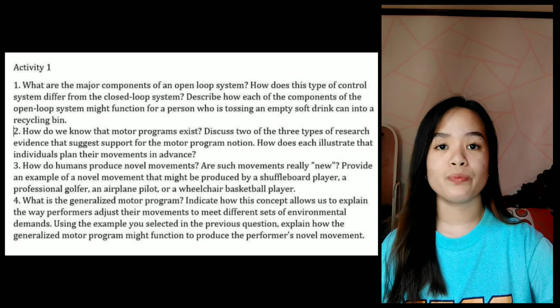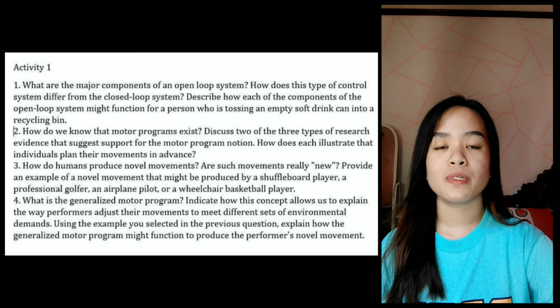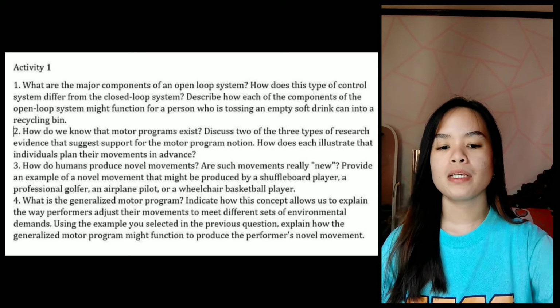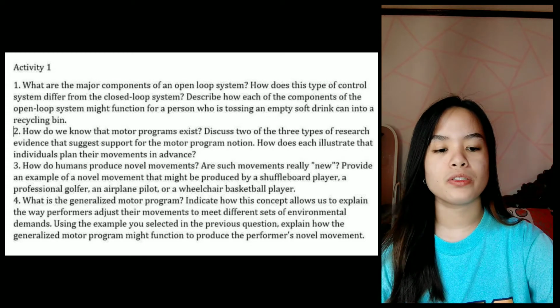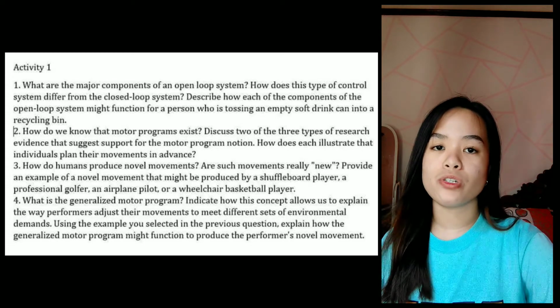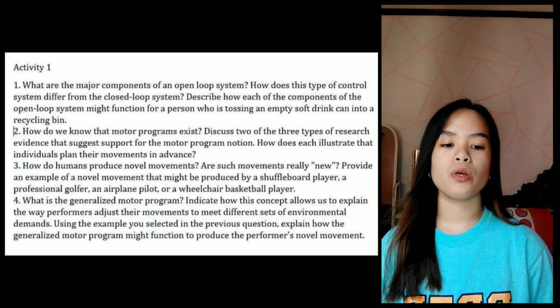The third question is, how do humans produce novel movements? Are such movements really new? Provide an example of a novel movement that might be produced by a shuffleboard player, a professional golfer, an airplane pilot, or a wheelchair basketball player. Biomechanics is the study, performance, and exercise of human movement in sport in particular.